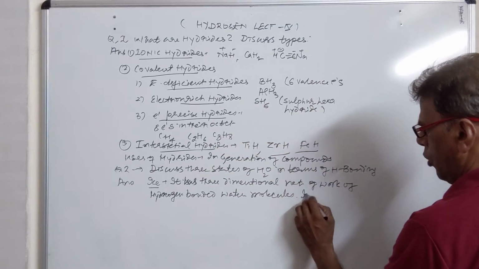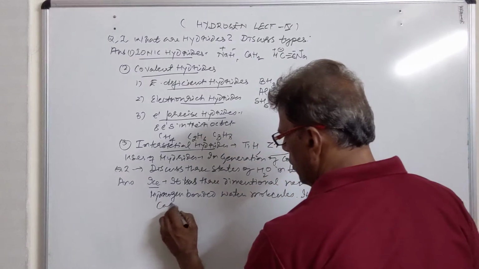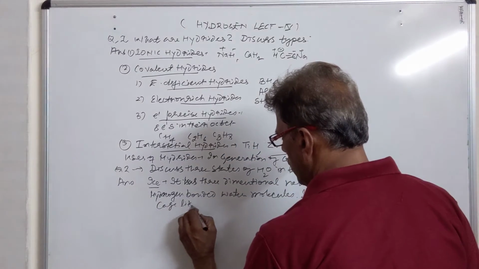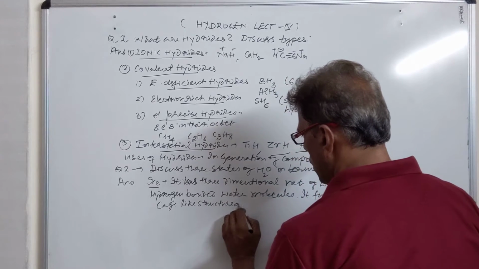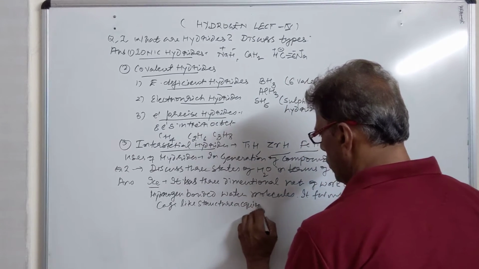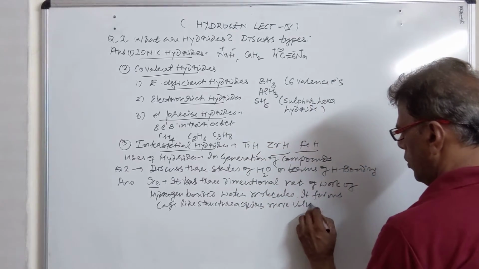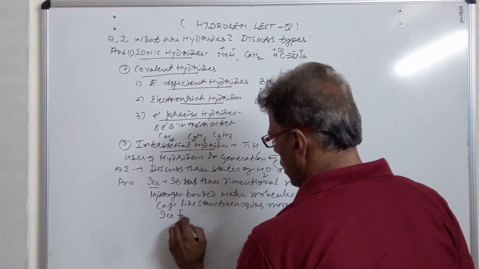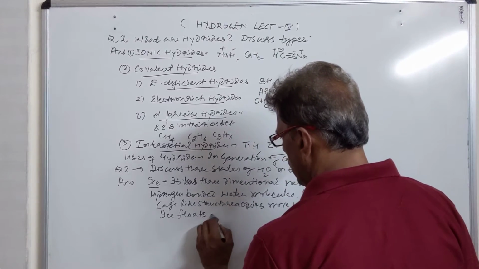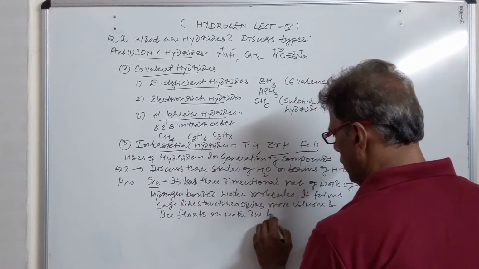And it forms cage-like structure. It requires more volume, and ice floats on water due to less density.